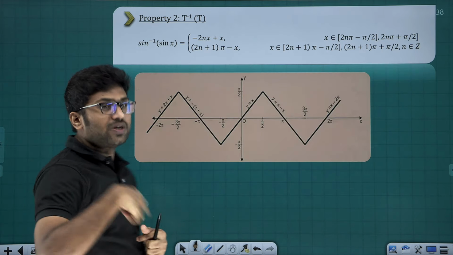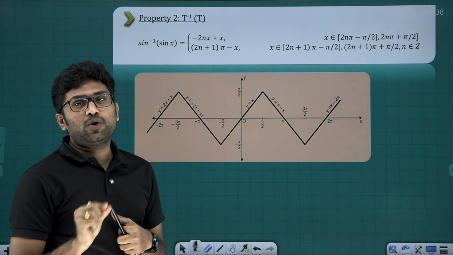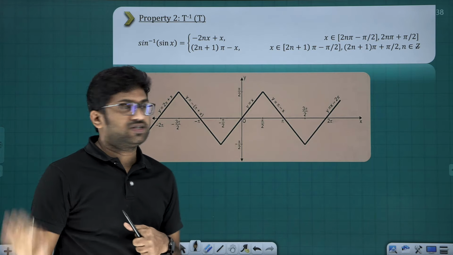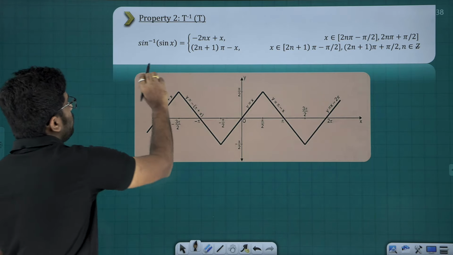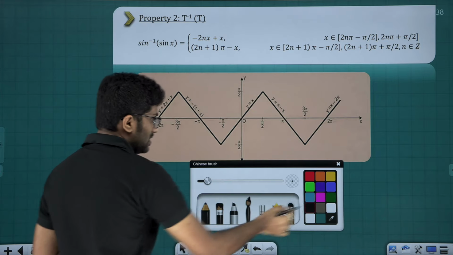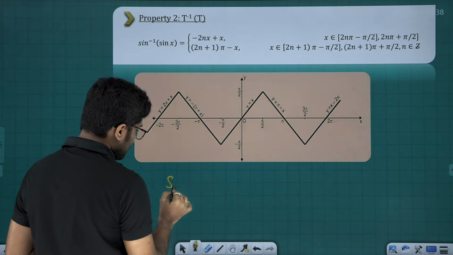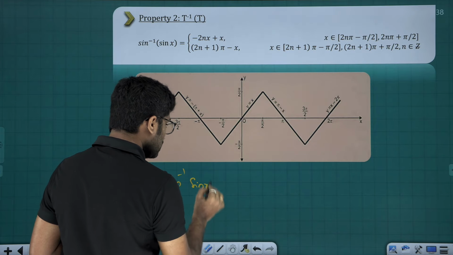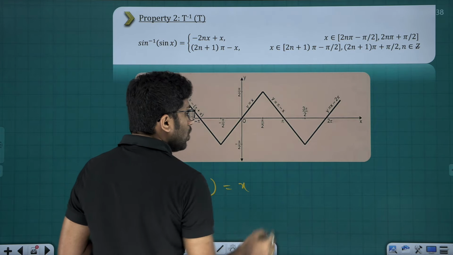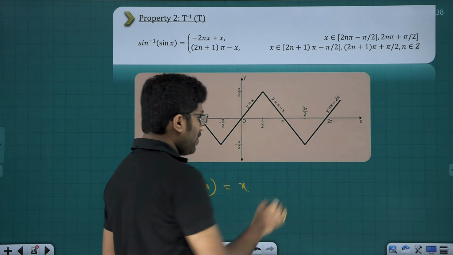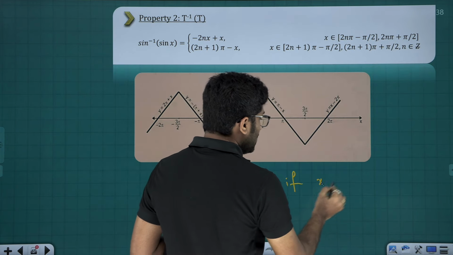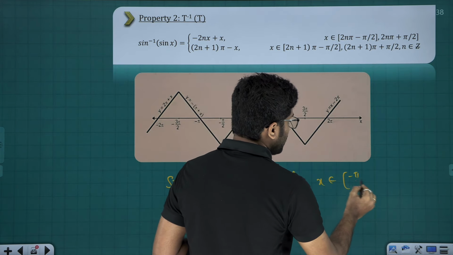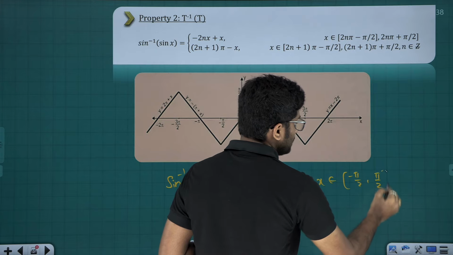Next, T inverse of T. This is the most important property of inverse trigonometric functions, friends. So sine inverse of sine x will be equal to x only if x belongs to closed −π/2 to π/2.